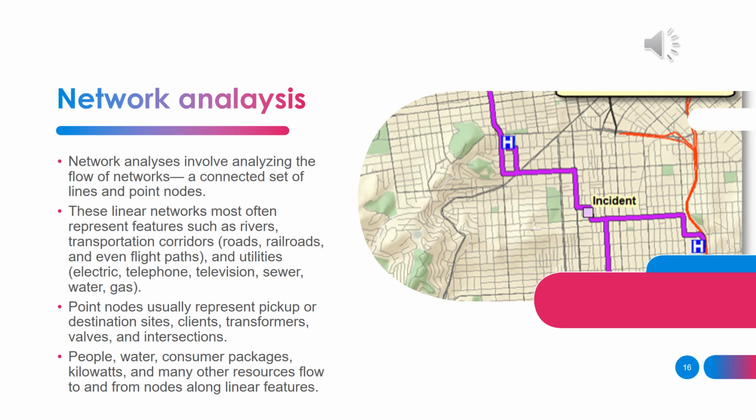Point nodes usually represent pickup or destination sites, clients, transformers, valves, and intersections. People, water, customers, packages, kilowatts, and many other resources flow to and from nodes along linear features.